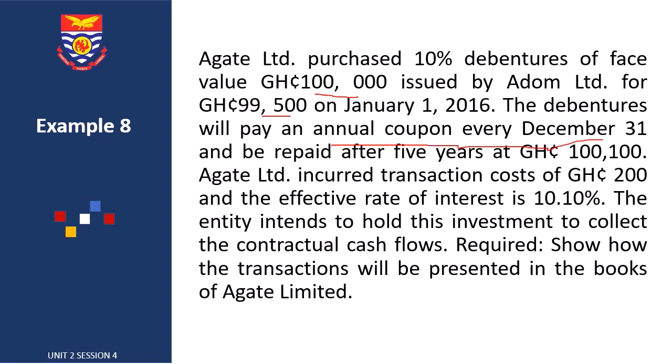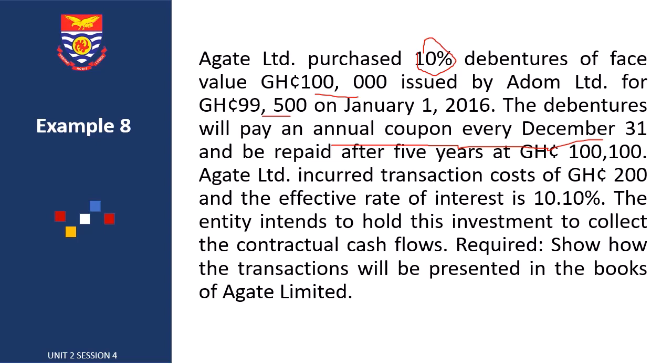Now, the debenture will pay an annual coupon every 31st December. The coupon rate is 10%. The 10% is going to be applied on the face value of 100,000, which has to be paid every 31st December for 5 years. So the number of years we are dealing with here is 5.